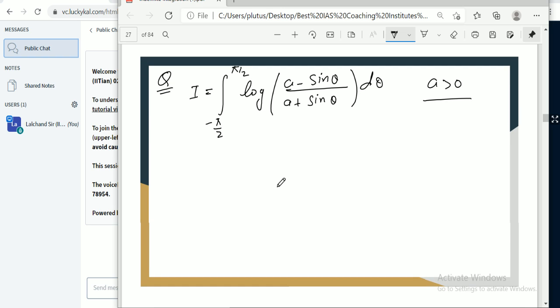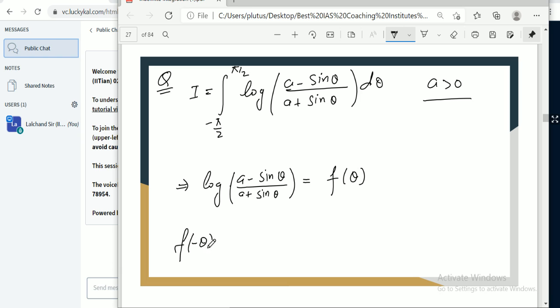So if we simplify this, I first check this function: log of (a minus sin theta) over (a plus sin theta) is f(theta). Okay, so if we apply minus theta, that will be log of (a plus sin theta) divided by (a minus sin theta).